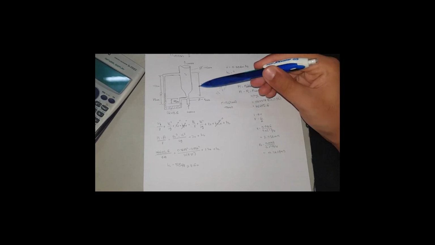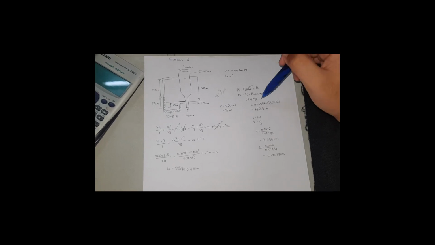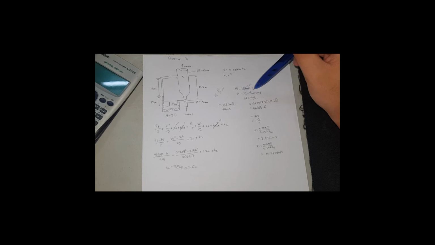From here we get 13600 to put inside the rho. The gravity is 9.81, the height is 0.35, and we get 46695.6. Okay, so now we have the pressure difference, p1 minus p2, which we can put directly into the Bernoulli equation.